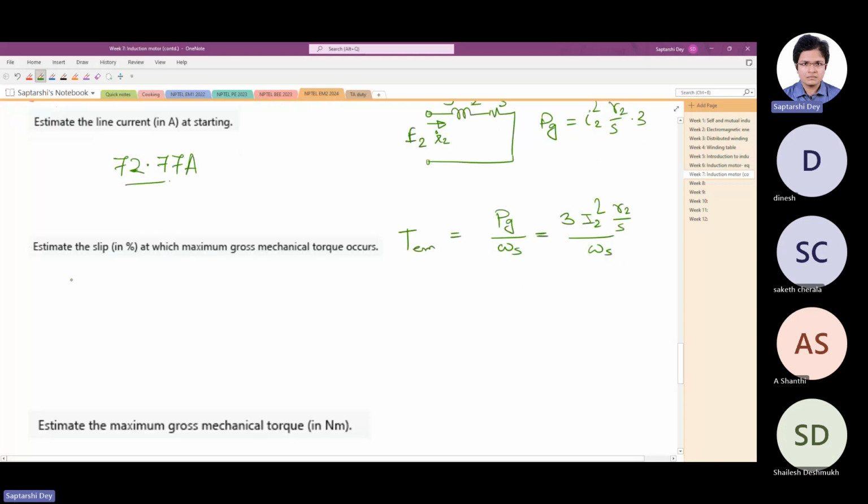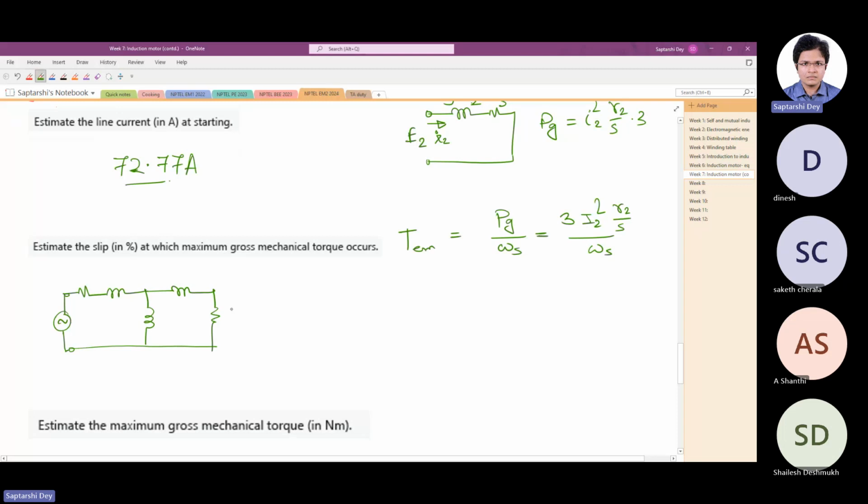Now, if you look at the circuit, here is the R2 by S. So now the question is, what should be its value? Everything else here is constant.